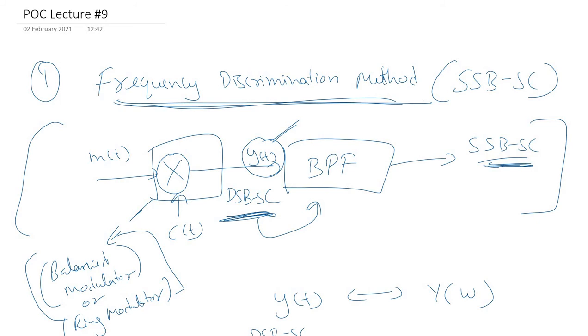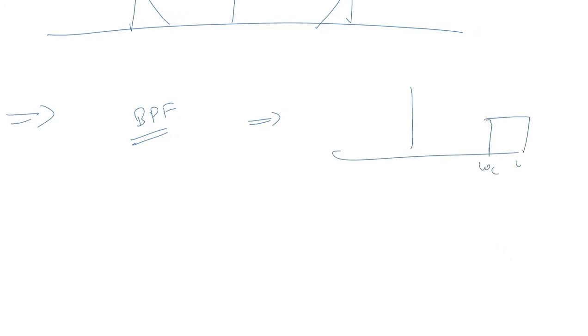The method is very simple, but it comes with several disadvantages or challenges. One of the most important challenges is the designing of this band pass filter. Since ideal filters are practically impossible, designing a band pass filter having a frequency response from omega c to omega c plus omega m is practically impossible.